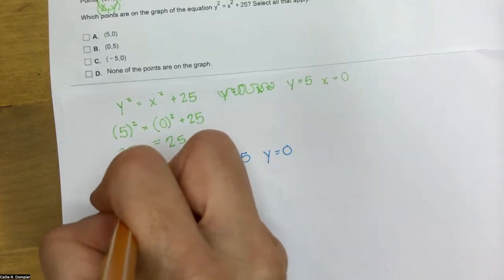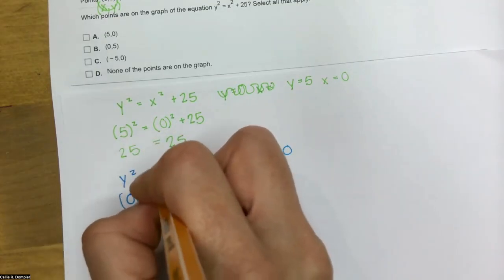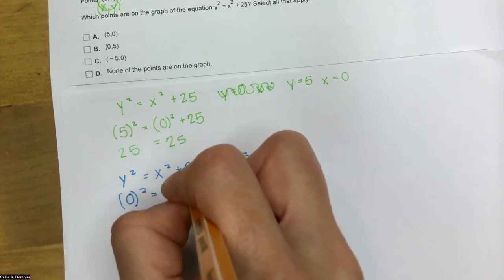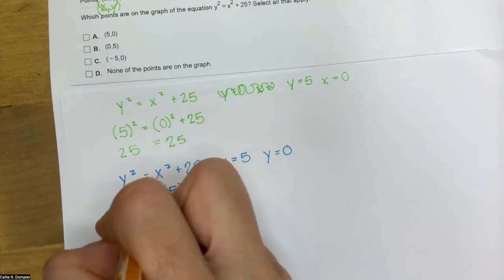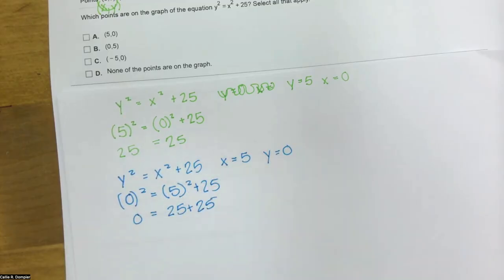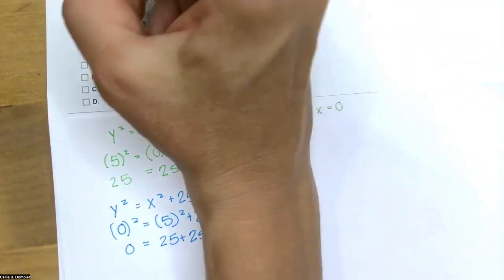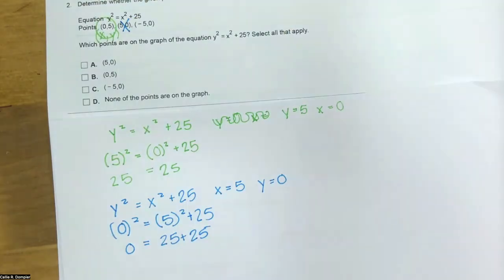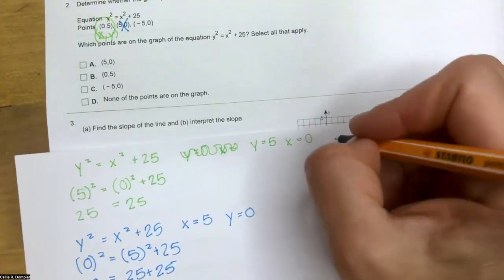So y is 0. 0 squared equals 5 squared plus 25. 0 equals 25 plus 25. We know that that is not true, right? So I can say no to that one, and then we'll just plug in that third one and see what happens. Negative 5 and 0.